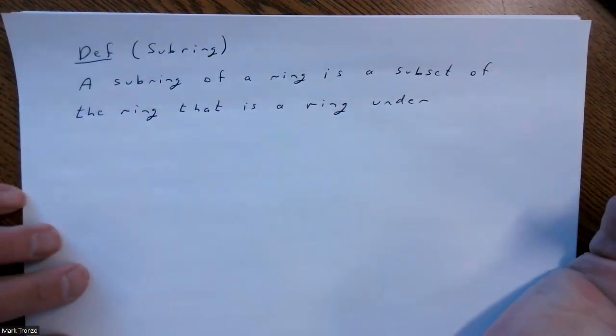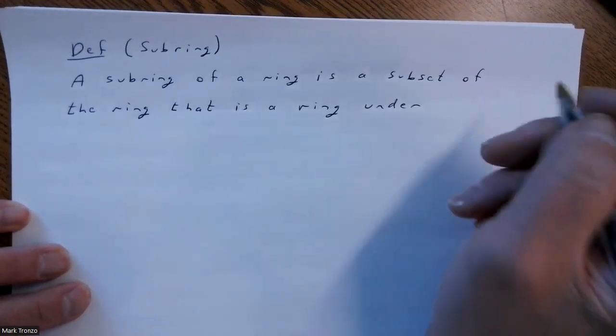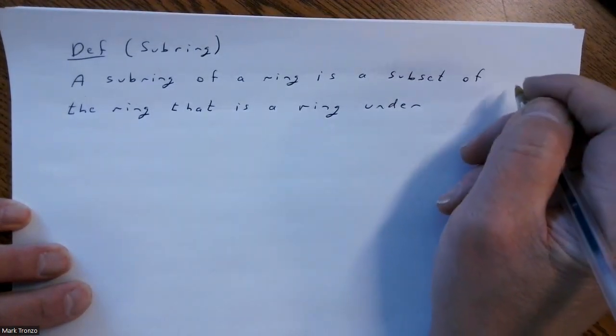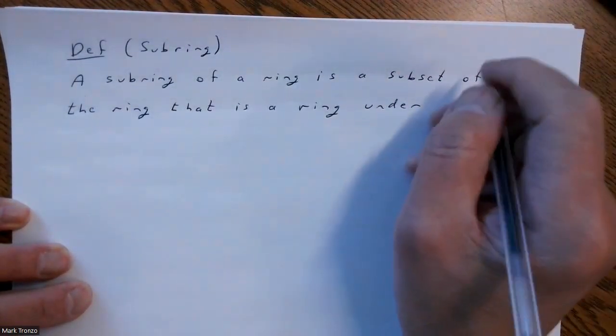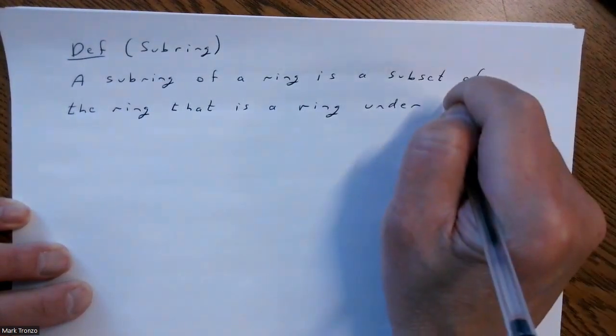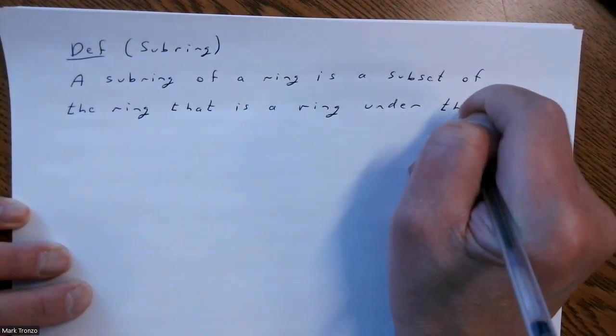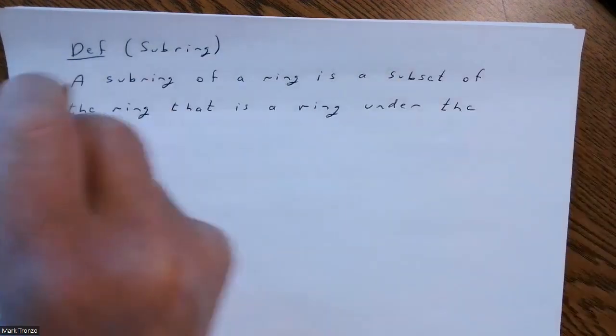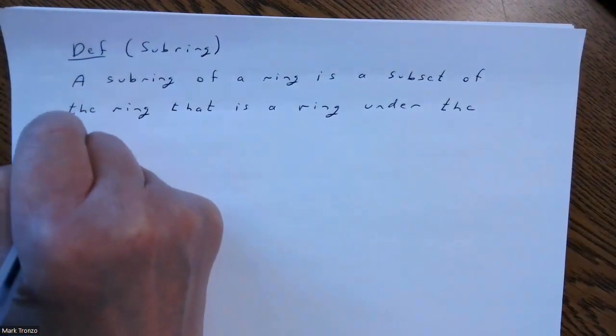Now, this is a lot of times what they use. They'll say under the induced operations from the whole ring. It just means the same operation. I'll put it this way because a lot of times when you see in books, it'll write that way, under the induced operations.